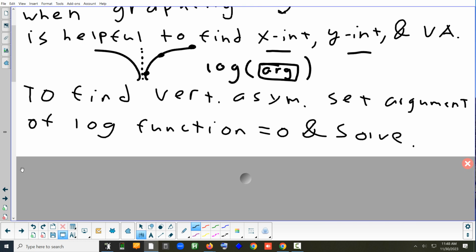Okay, and to find the x-intercept, you plug in 0 for what number? Think about on the x-axis, every coordinate has a y value of 0. So y is 0. To find the y-intercept, plug in 0 for x.